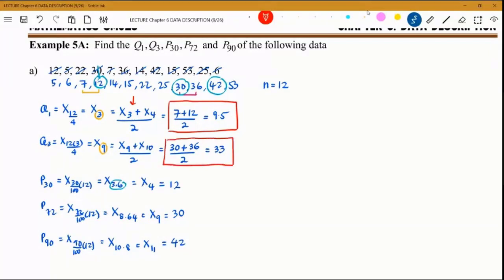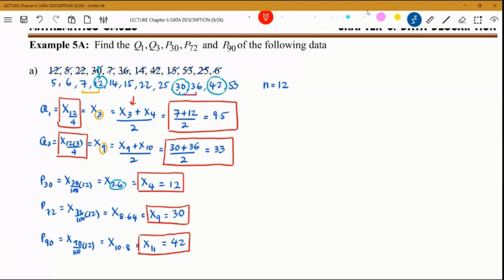Sama juga this one. And this one. Tapi sebelum datang yang warna merah ini, mesti nampak dulu bahagian ini. Okay, yang saya kotakkan ni semua ni benda yang penting. Okay, so that's how we find the quartile and percentile.